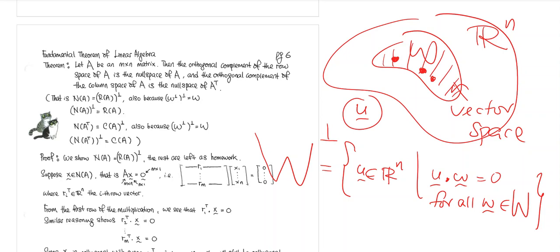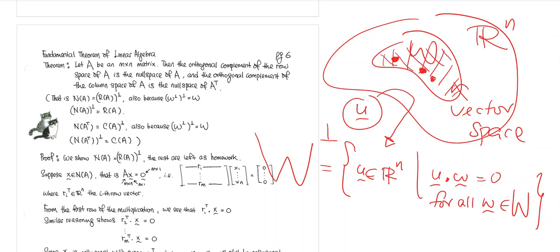If you can find such a vector that is orthogonal to every vector in W, you put these elements into this set. So the collection of all such elements is what we call the orthogonal complement of that vector space.